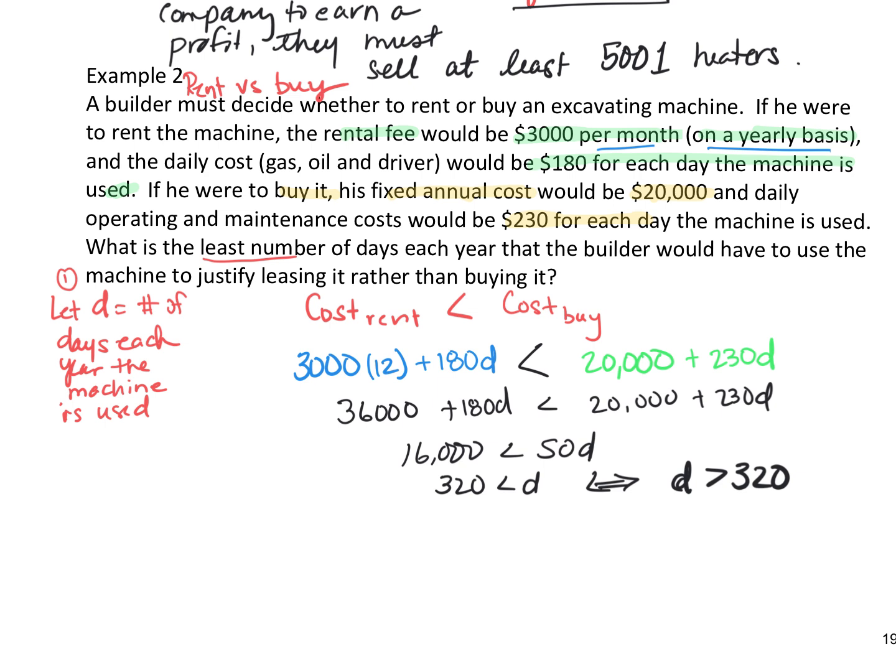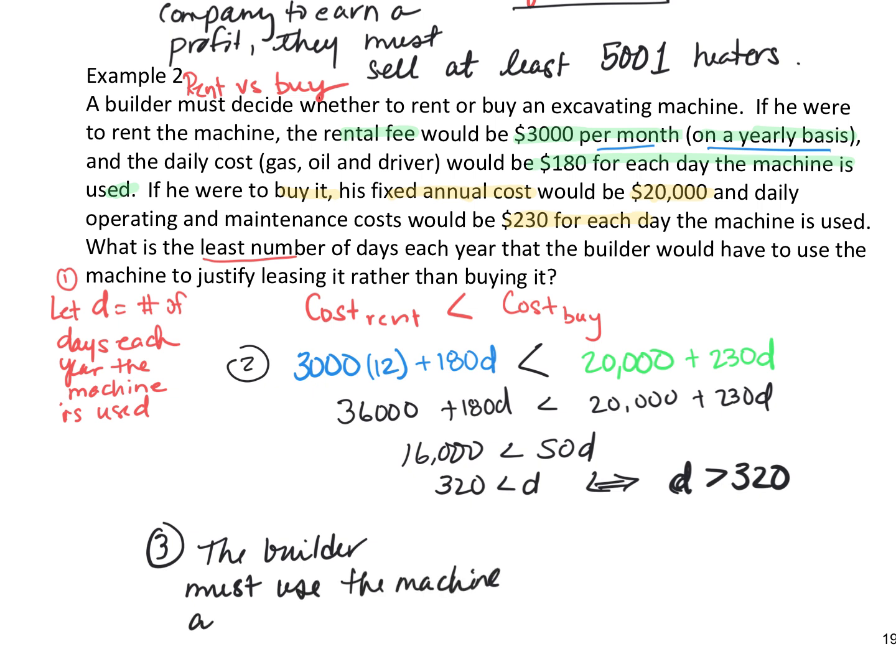So this is the first thing we did, the second thing. Now our third thing is our statement. The builder must use the machine at least 321 days to justify renting.